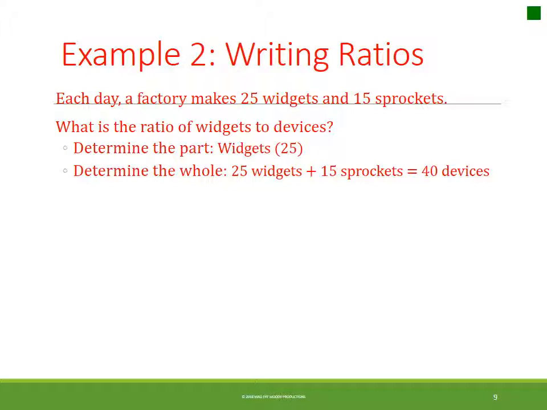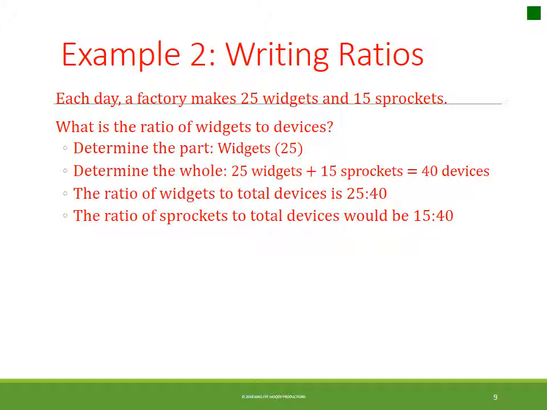So there are a total of 40 devices made each day. Now I can write my ratio as the ratio of widgets to total devices is 25 to 40. If the question had asked me about sprockets to devices, then I would use that part compared to the whole, which would be 15 to 40.